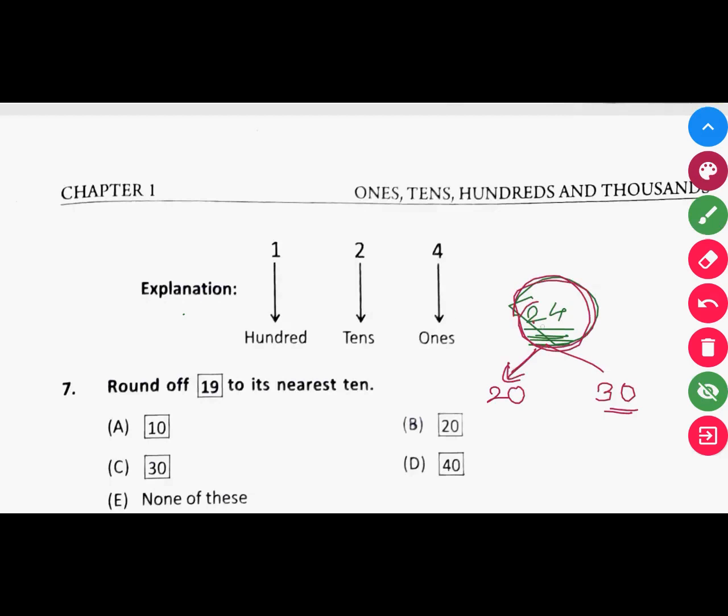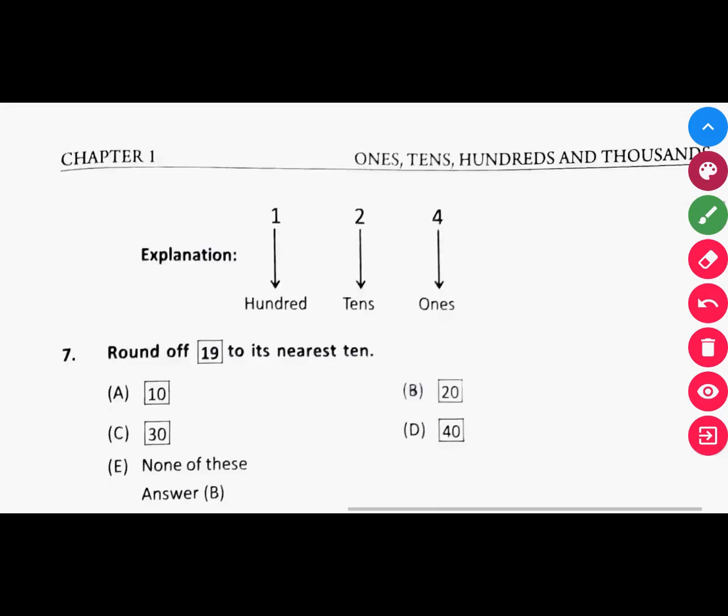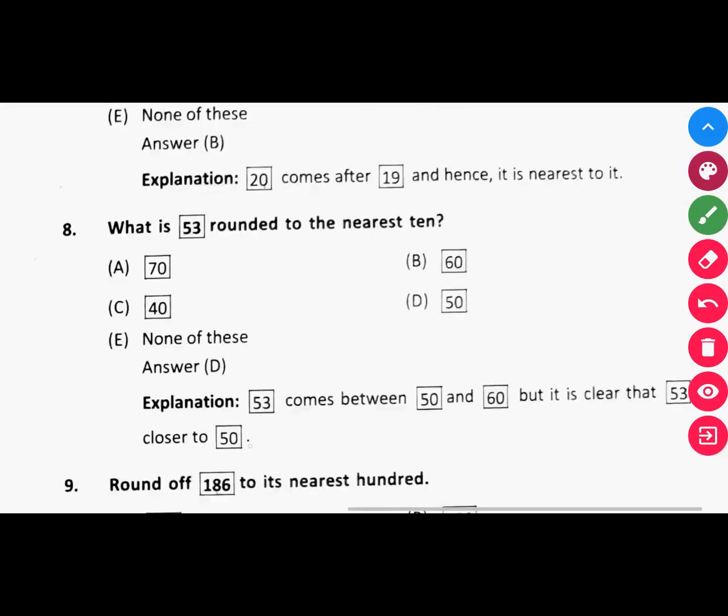To go to 20 we have to subtract 4, and to reach 30 we have to add 6. So which is near? 20 is near, because we need just 4 to go to 20 and 6 to go to 30. So the nearest 10 to 24 is 20, not 30. You have to think like this to get the answer.